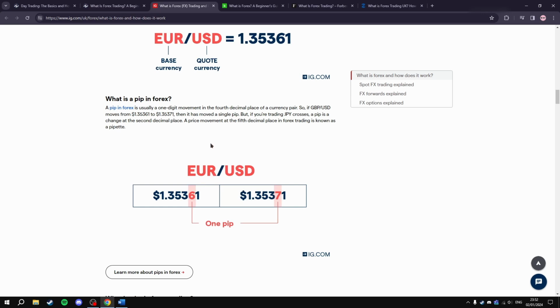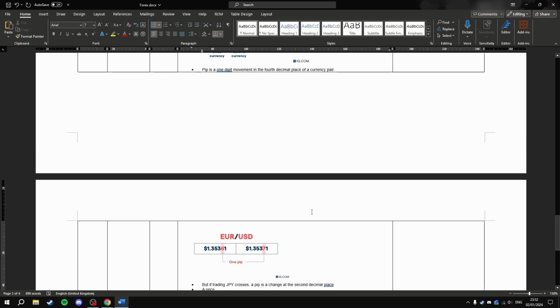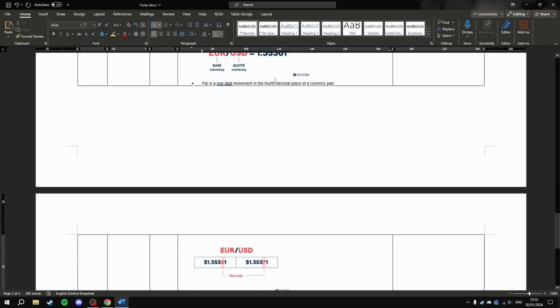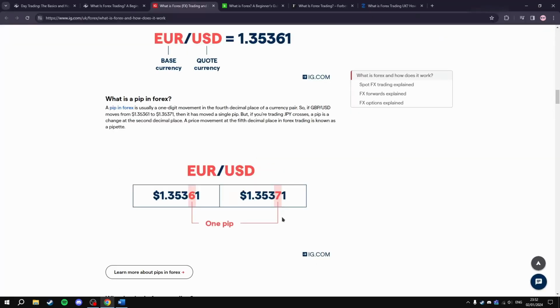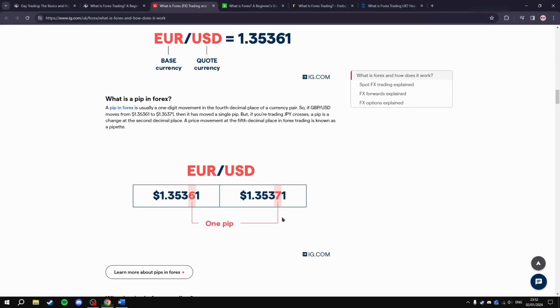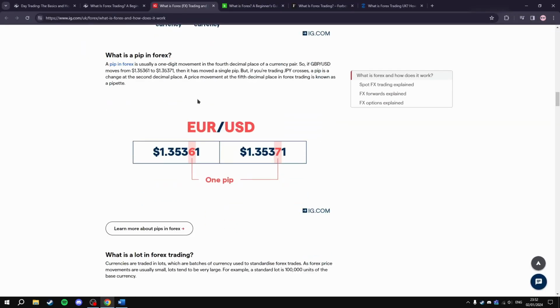A price movement at the fifth decimal place is a pipette. Right, okay.